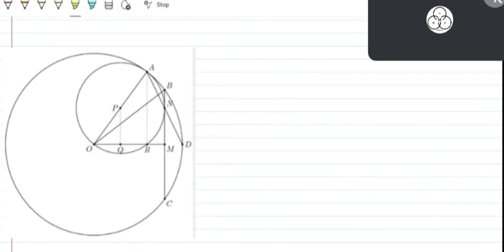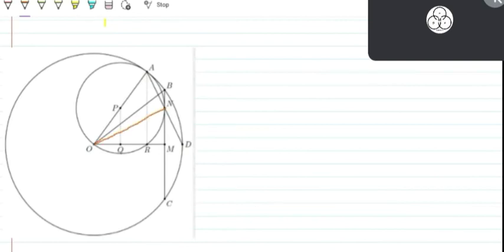I'm highlighting. This is BC and this is AD, right? This is the center O. AO is joined. The circle with diameter AO is tangent to BC. How is this tangent to BC? Fine.